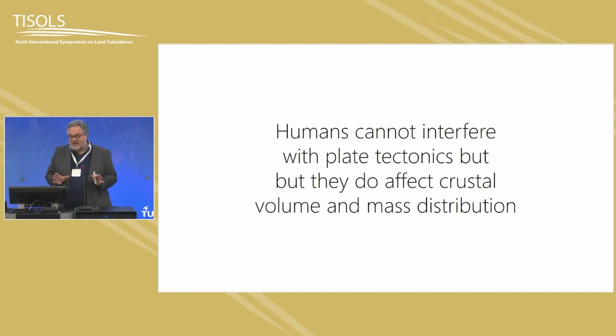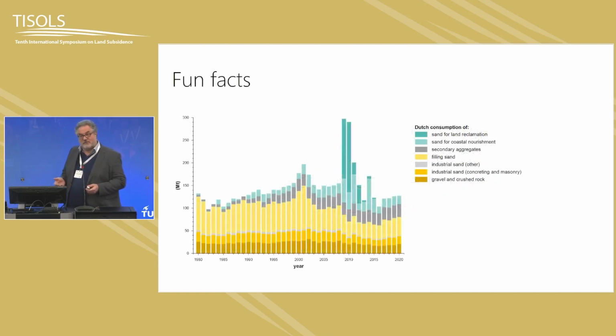Obviously, humans cannot interfere with plate tectonics, not yet. But we do tamper with crustal volumes and the distribution of mass. And this may sound far-fetched, but let's consider some fun facts. This here is a graph that shows the use of aggregates, which would be sand, gravel, crushed rock, granular material used in construction.